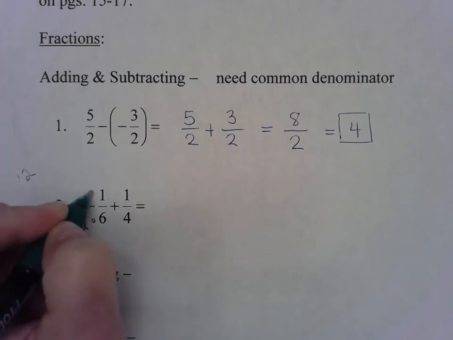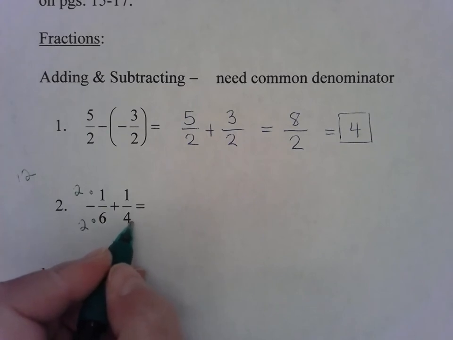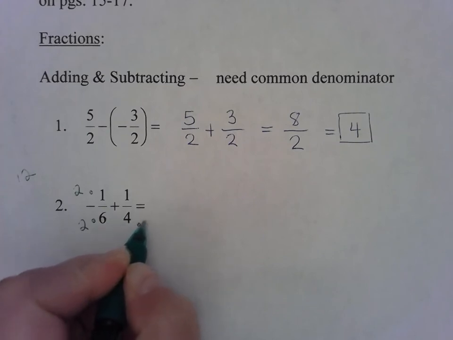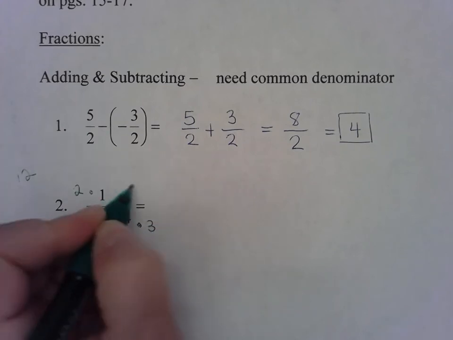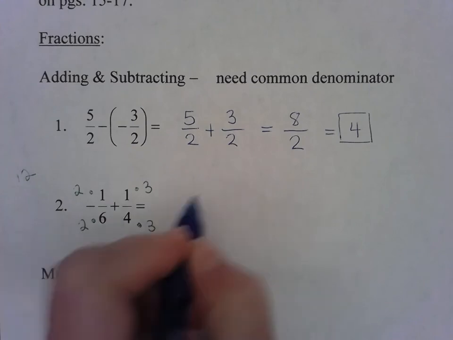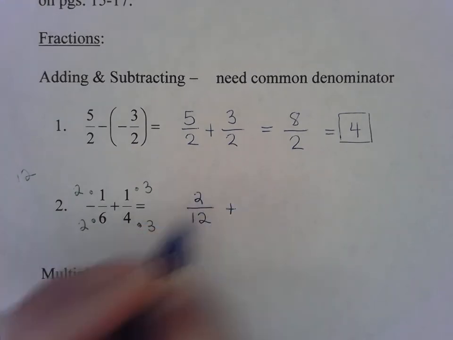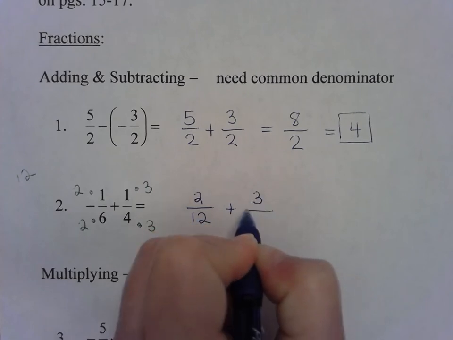And anything I do to the bottom, I have to do to the top. To get to 12 on the bottom on this side, I'd have to multiply the 4 by 3, which means I have to multiply the top by 3 as well. So this is going to give us 2 over 12 plus 3 over 12.